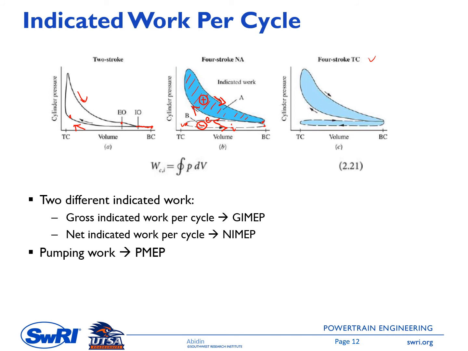And then the feature on the right side here is the PV diagram for the four-stroke engine with a turbocharger. When the engine is equipped with a turbocharger, the intake manifold pressure is increased so that it is higher than the exhaust manifold pressure.